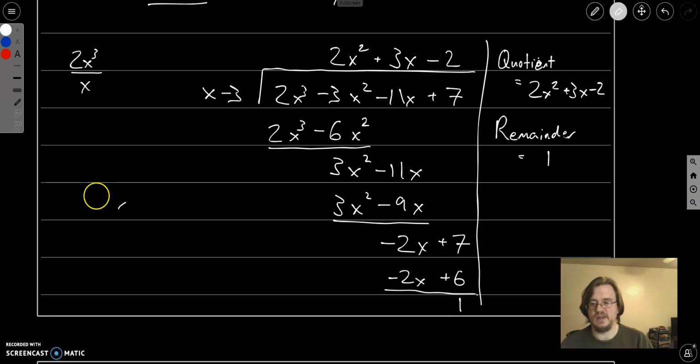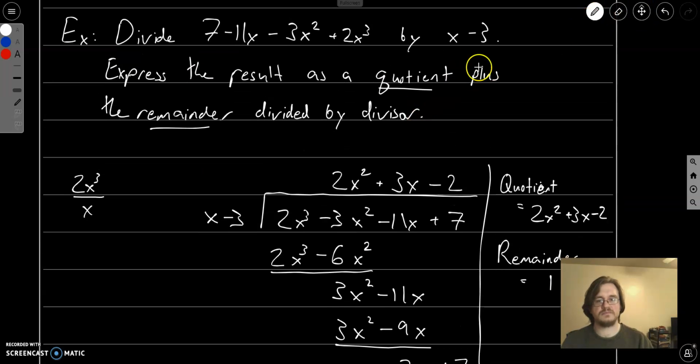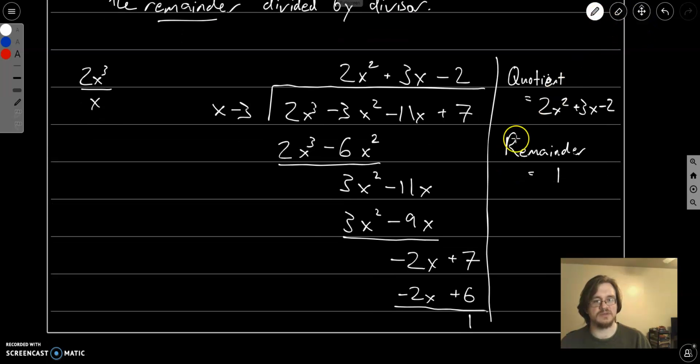I'm going to erase this so I have a little bit more room. So if I come back up here, the question asks us to express the result as a quotient plus the remainder. So let's write this down. So our answer is going to be our quotient plus the little bit that I couldn't divide.